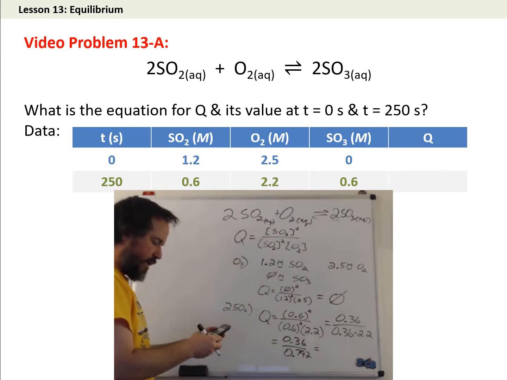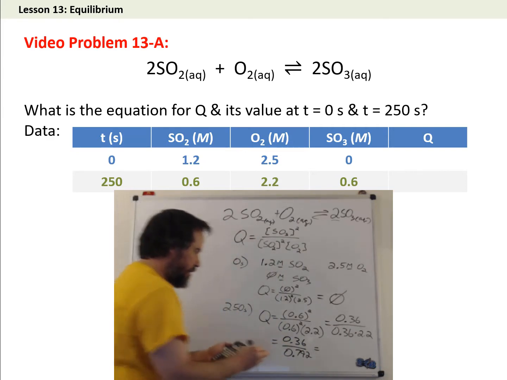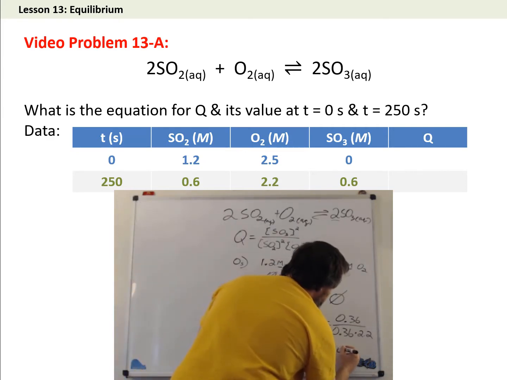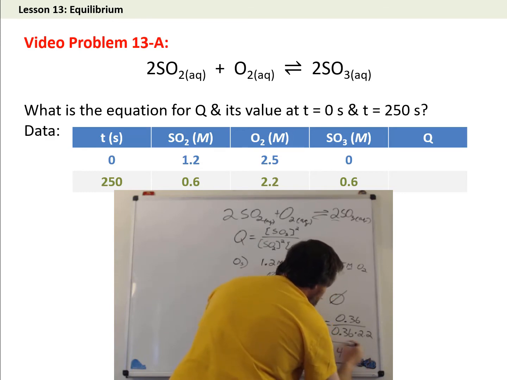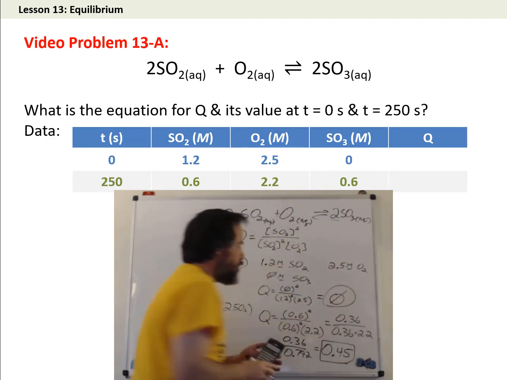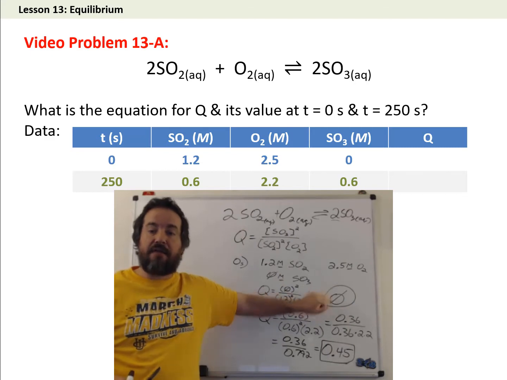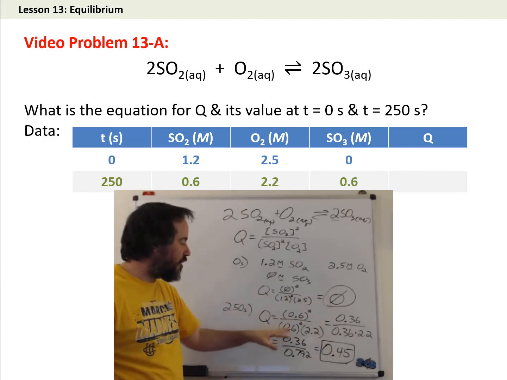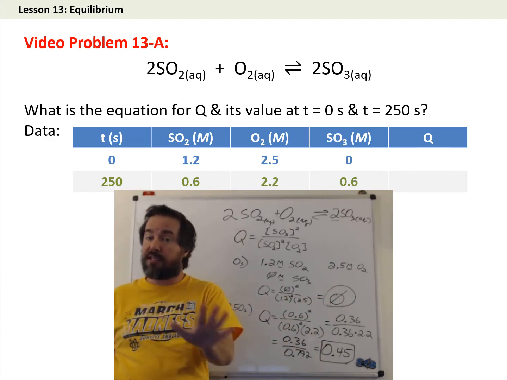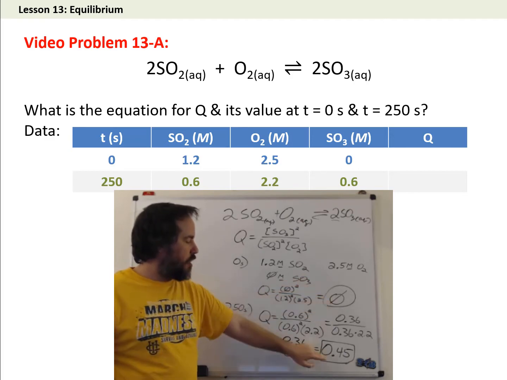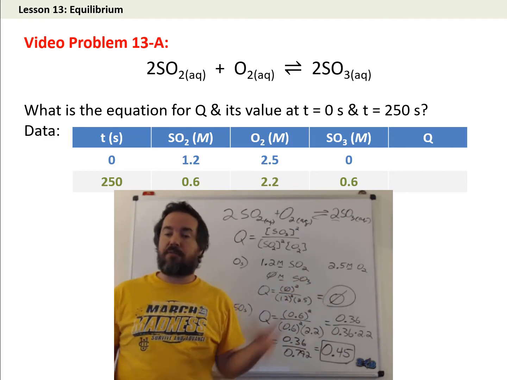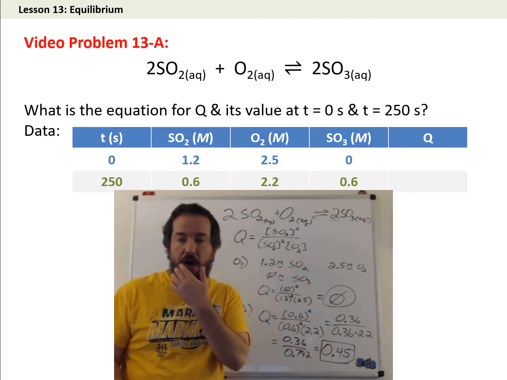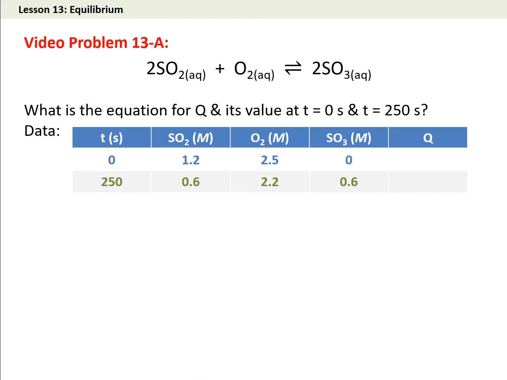I then do that and I get 0.45. Q and also K never have units. So even though all these are in molarity and I need to make sure they're all in the same units, Q and K don't have units. So that's just that. Okay, let's look at this on the screen.